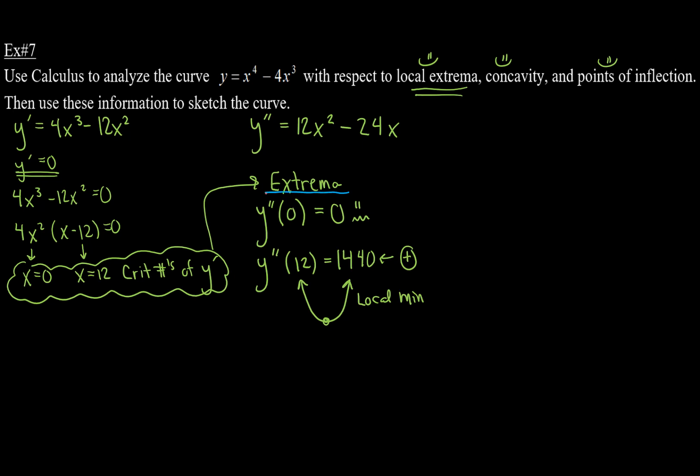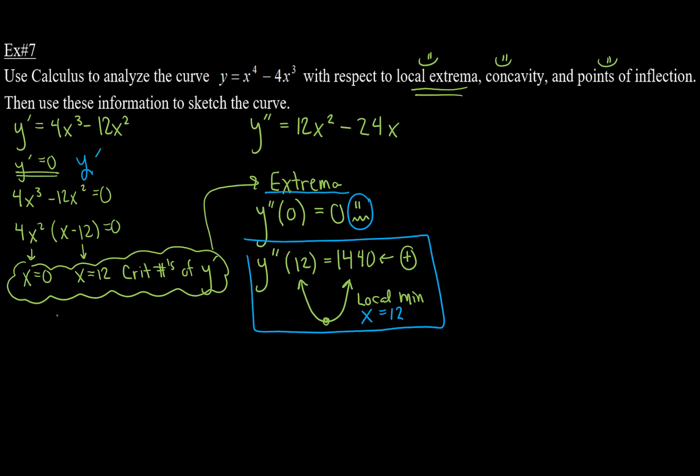All right, now to continue my extrema, this right here, I used a second derivative test, so I found a local min at x equals 12. But I couldn't tell anything about 0. So I'm going to have to do a sign test with y prime.